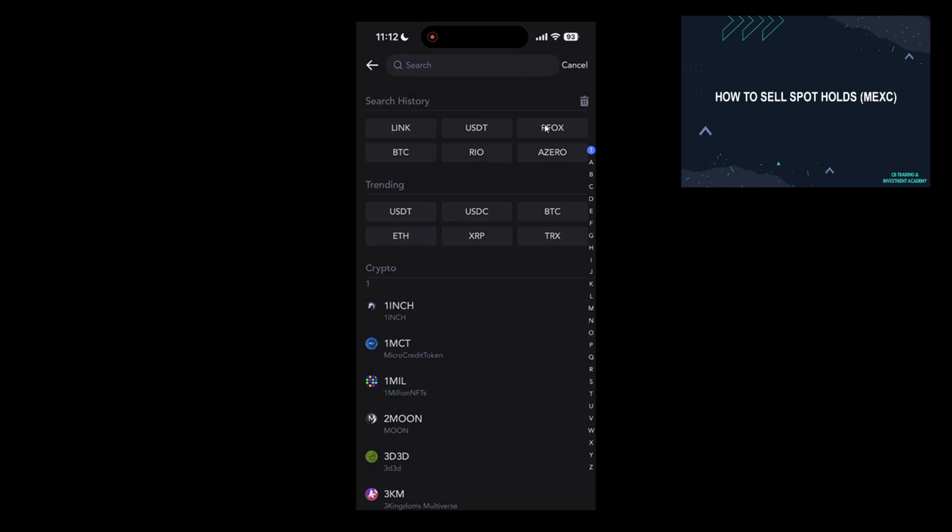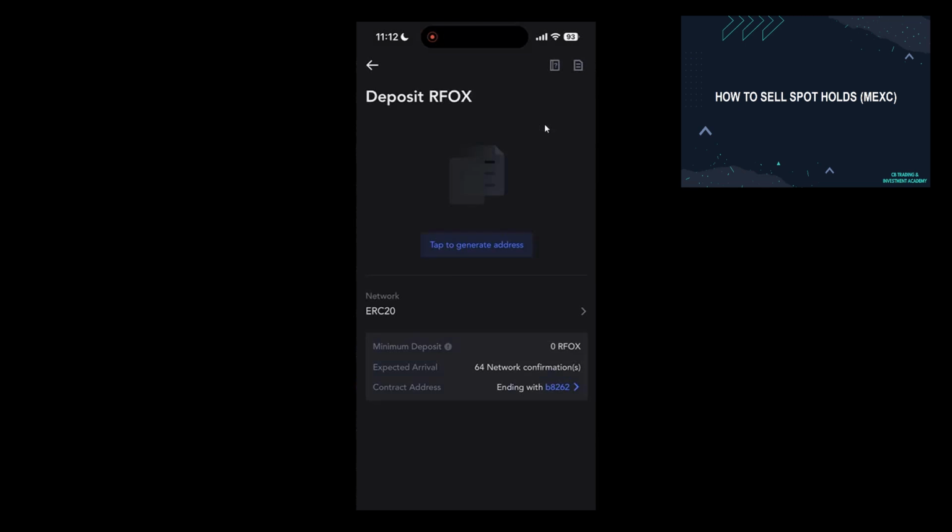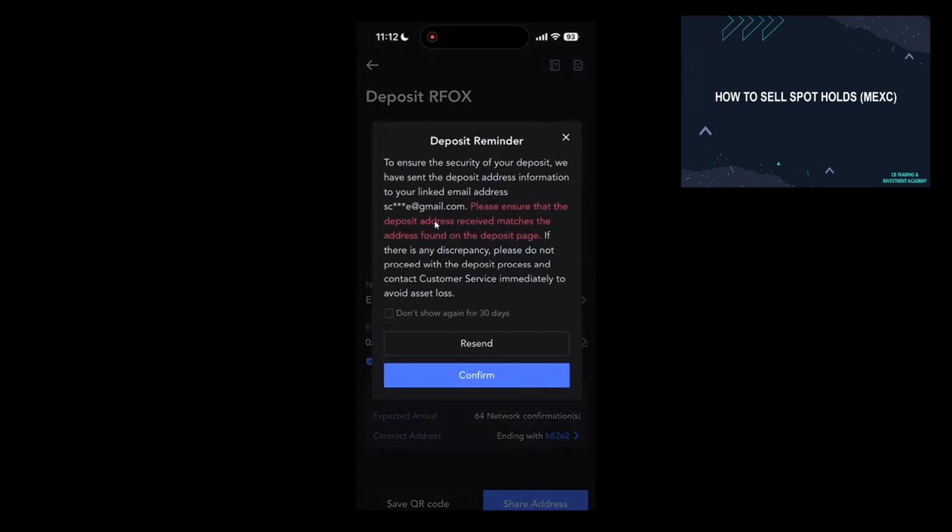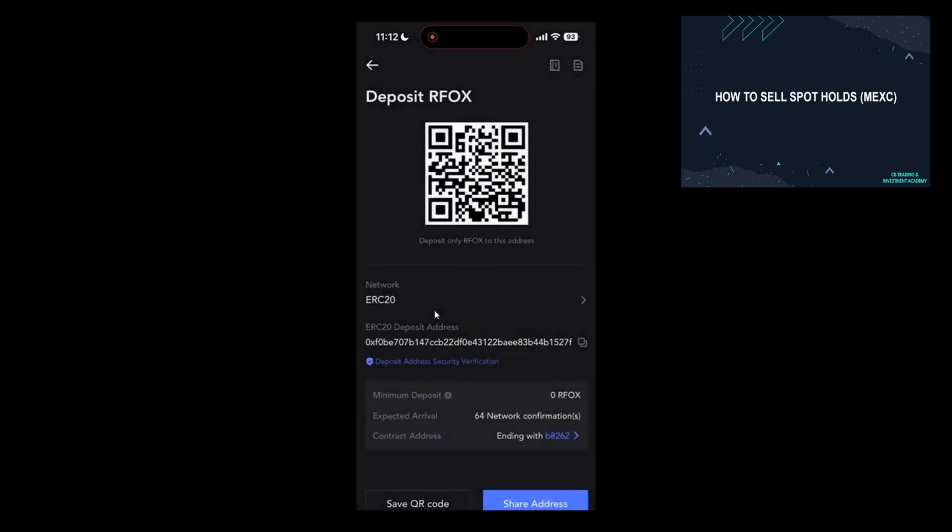So for example, let's go with RFox. We have RFox on our Ledger. Then first you want to deposit it back to Mexc. Then you tap to generate your address, and confirm.